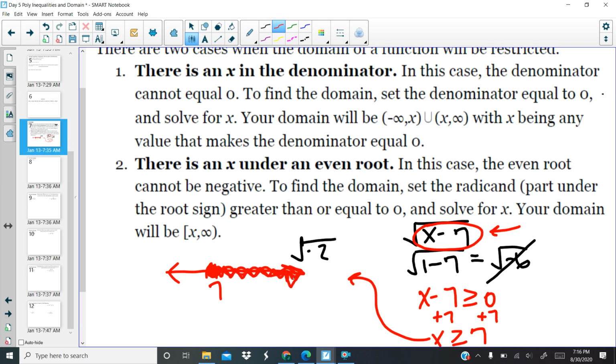Sometimes you don't have to put it on a number line. Sometimes it just makes it easier to write it in interval notation. If you can write it from this form, feel free. In interval notation, since it's a closed circle, that would be a bracket starting at 7 and going off to infinity. If you need help remembering how to write interval notation like this, let me know. Otherwise, you should be good at writing these domains.